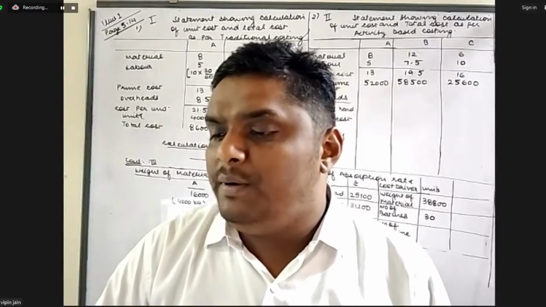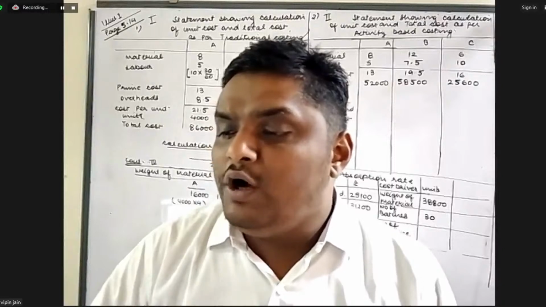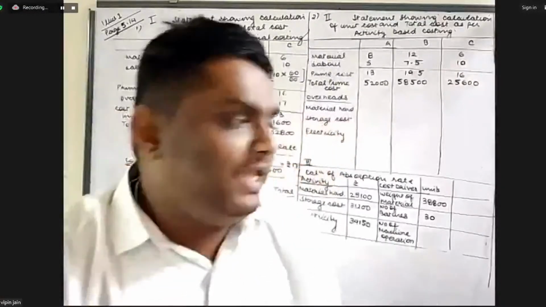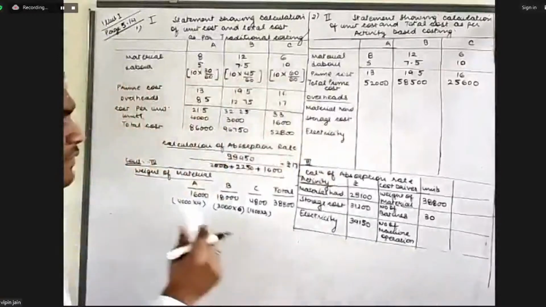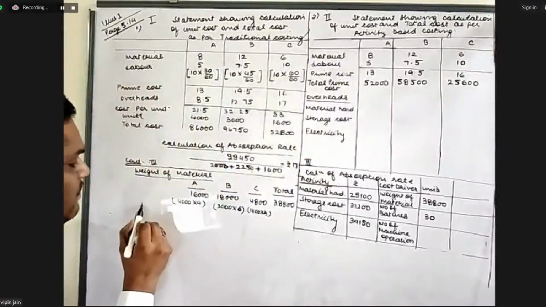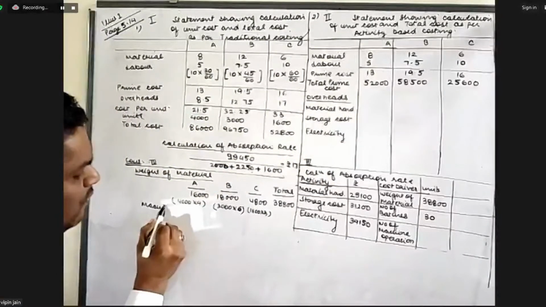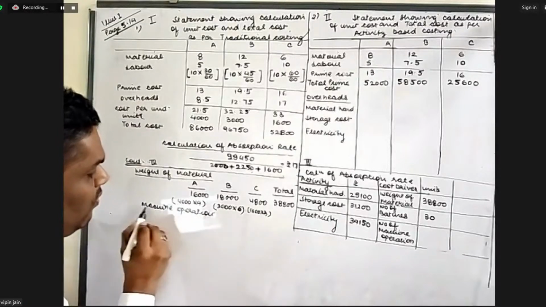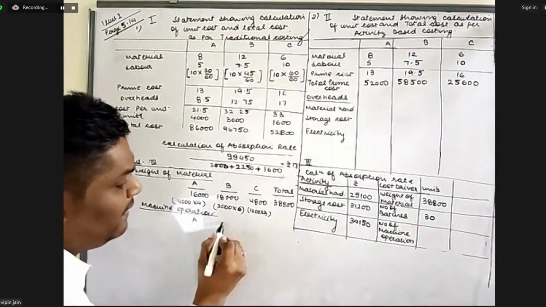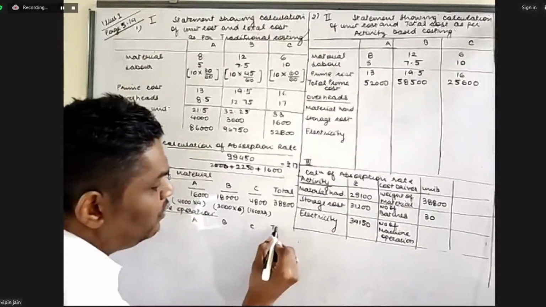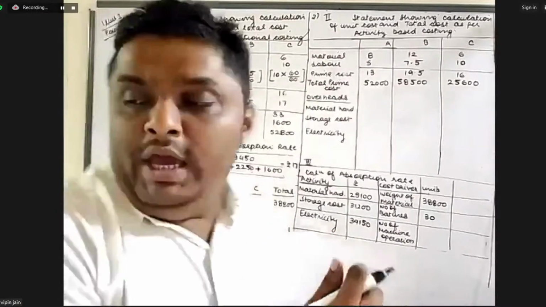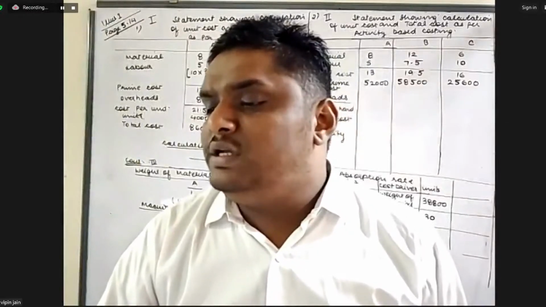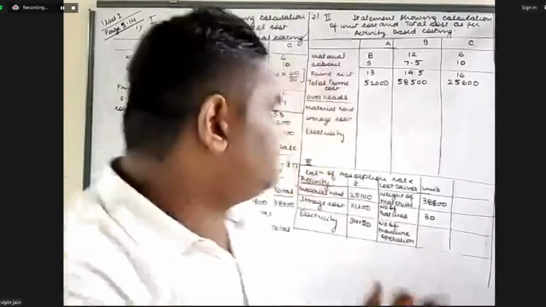So again, we have to calculate the total number of machine operations for A, B, and C, and total. The machine operations are given per unit of production: 6, 3, and 2.